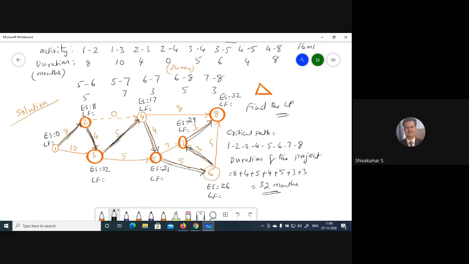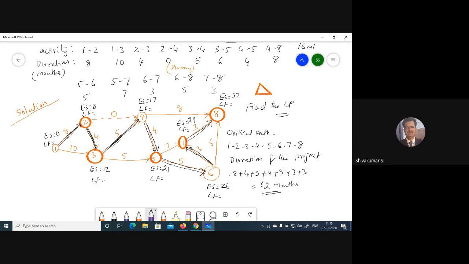Understood now? Earliest start times? Yes, sir. Okay. Now, I think someone got a doubt with the latest finish, no? Latest finish you calculate. Okay.